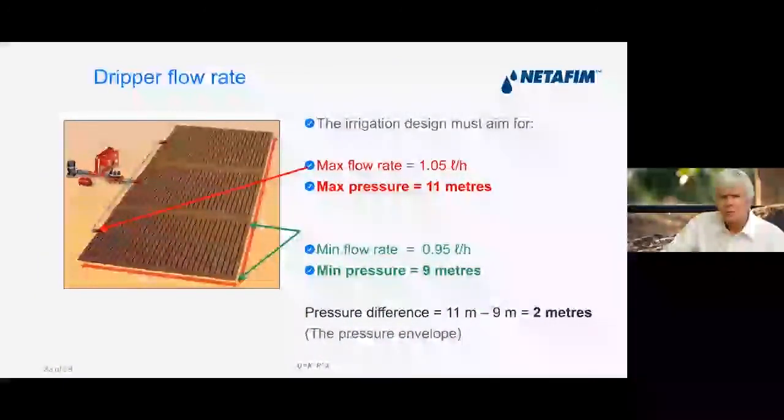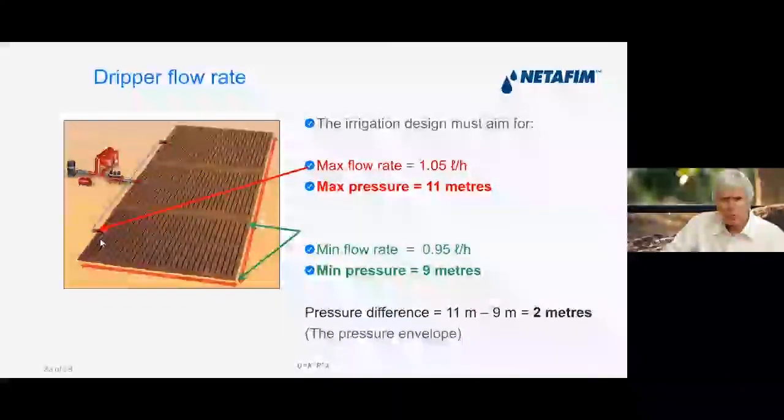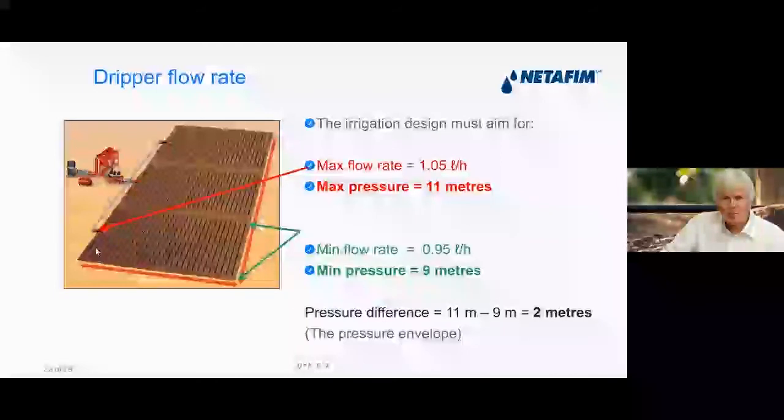So our maximum pressure at the maximum point of our irrigation block will be 11 meters, and our minimum pressure can be 9 meters. So the difference in pressure from there to there will be 2 meters, and this we sometimes call the pressure envelope.